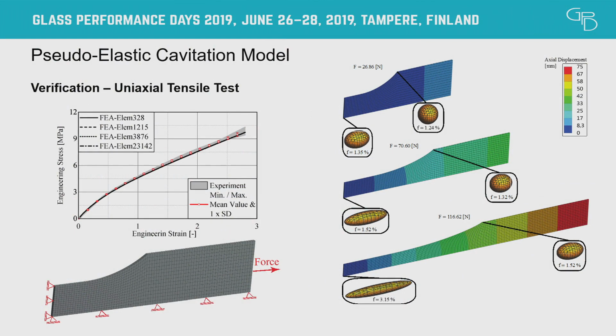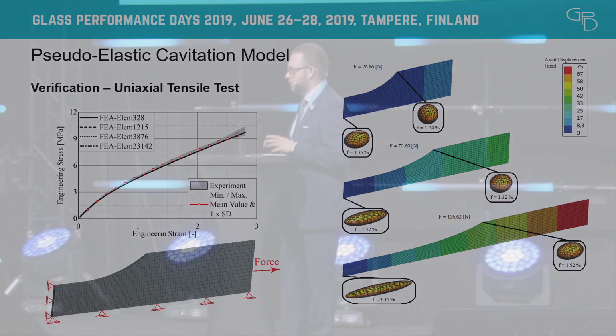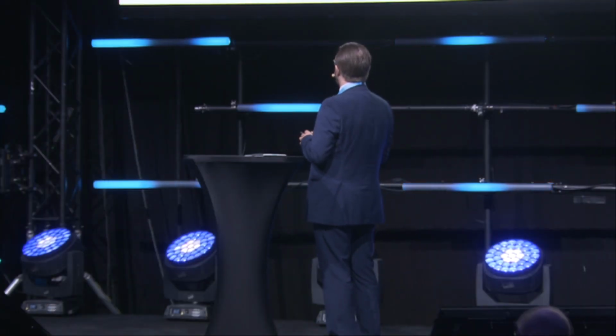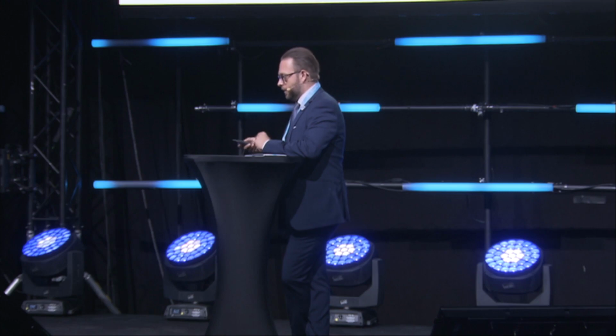What happens if we model such a dog bone test? There should be no void growth. However, the inherent voids just deform elliptically. And as you can see on this slide, we can approximate the experimentally observed behavior of TSSA very well. But it's quite easy. This is what every model should do.